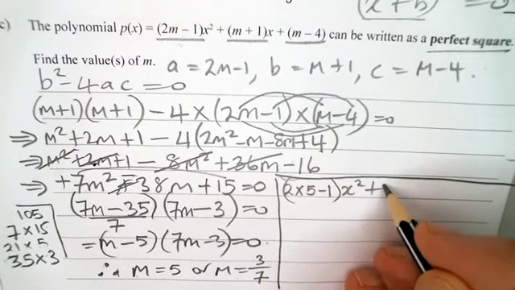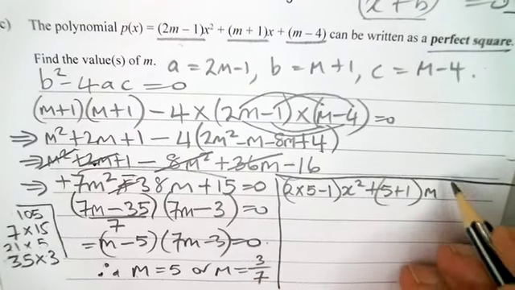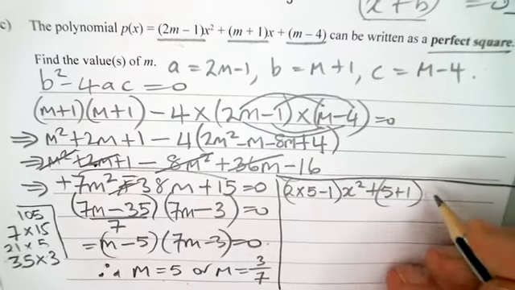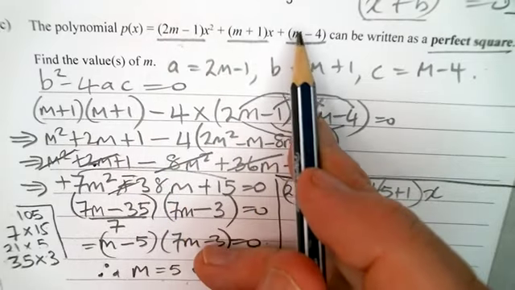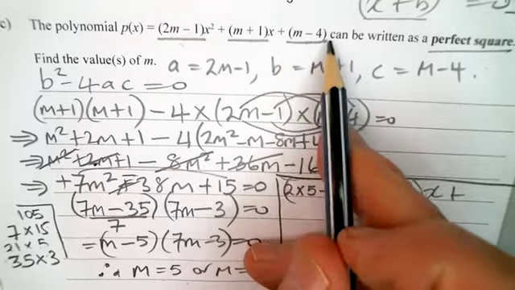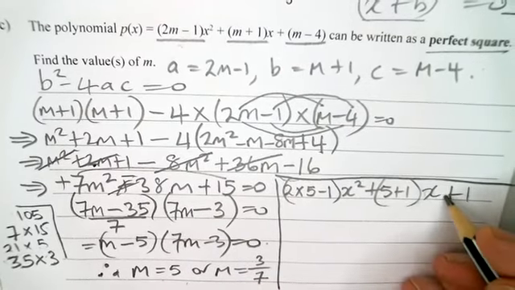Plus 5 plus 1 m. Sorry, x. That's an x, sorry. So all I'm doing is I'm substituting the value of 5 in to the m's here and here and here. And then the final one is going to be plus m minus 4, which is 5 minus 4, which is 1. There it is.